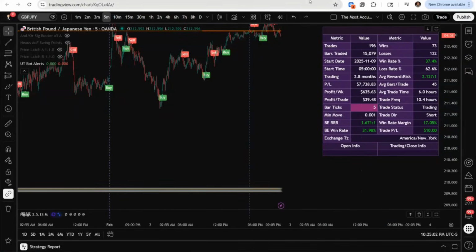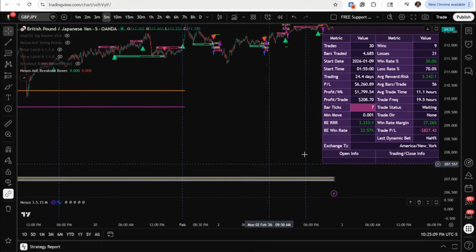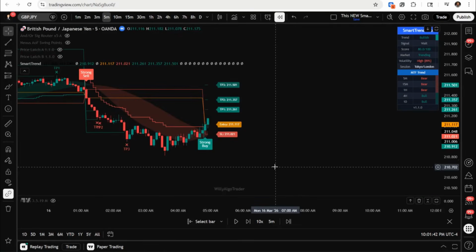It's been trading for 2 months. This one here, over 2 months, almost 3, we have $784 in profit weekly. And then this one right here has only been trading for 24 days, but it has almost $1,800 a week in profit. So you can see how valuable these layouts and these links are to these forward testing. And it really gives you confidence that you can jump in with these strategies and hopefully continue to earn money with them. All right, let's go ahead and get back to today's testing.